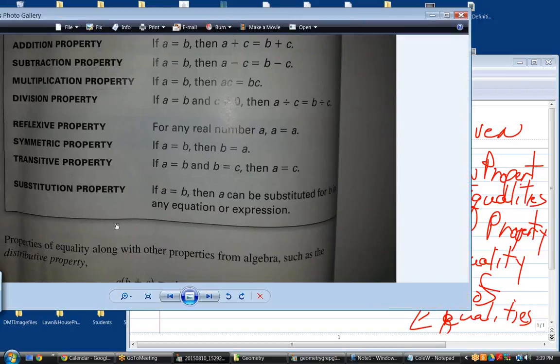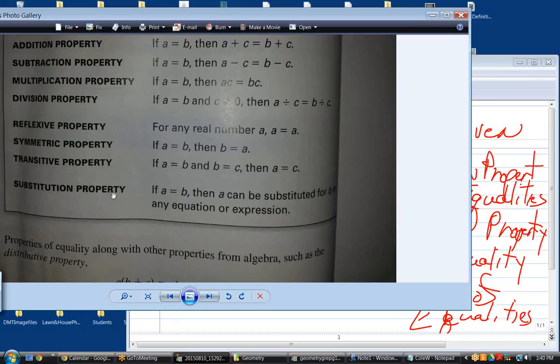And lastly, well, not really lastly, because it's not like all your proofs in geometry you're going to be able to use one of these 8. That's not the way it is. In other words, when you do a two-column proof in geometry, you use either an equality property or one of the theorems that you get taught. And you're going to get taught probably 50 different theorems. So the whole thing about proving something is every step of the way you have to cite a reason.